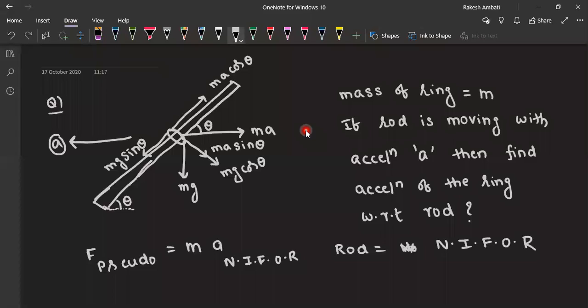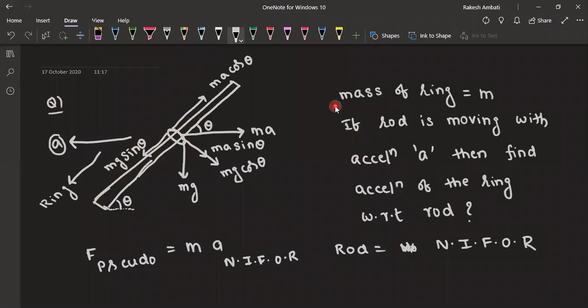As the rod is moving horizontally, the ring slides downwards along the rod. That is the direction of motion of the ring.